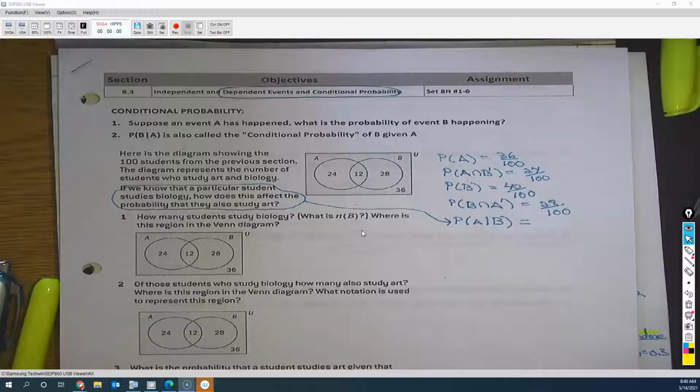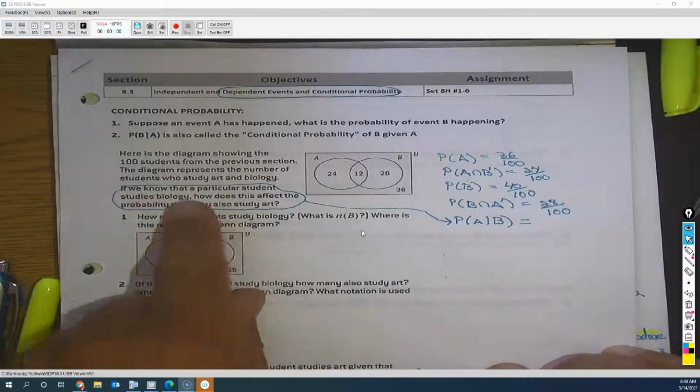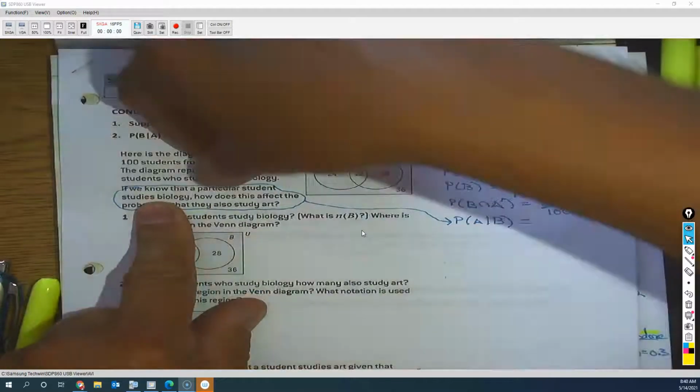Right now, what you're doing is limiting your sample space. You're only going to look at students that study biology, because they have to study biology.